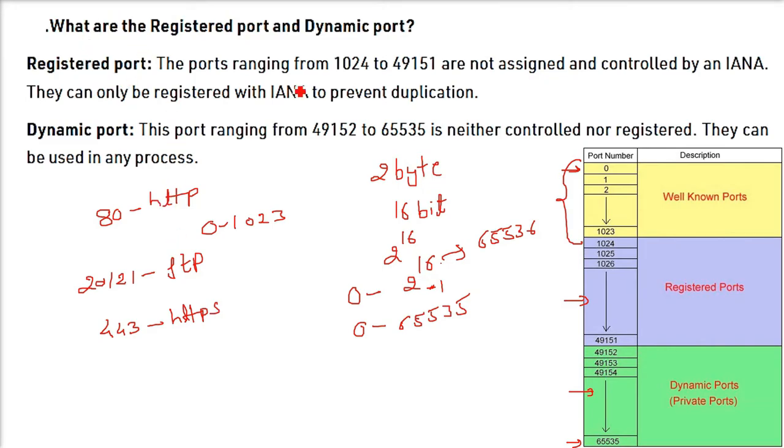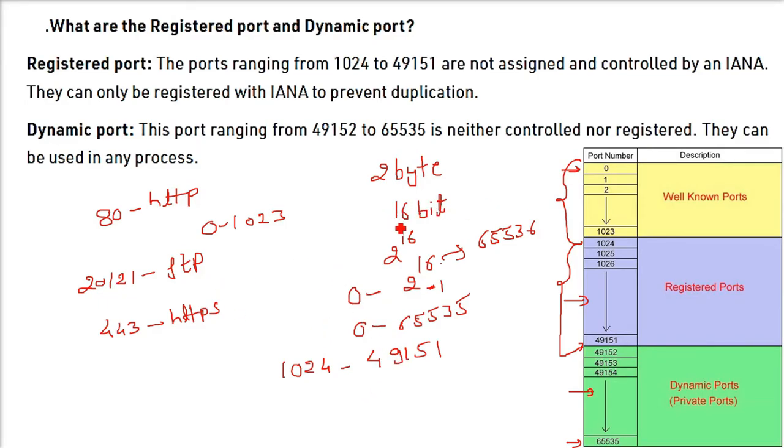Now from 1024 till 49151, the ports in this range are not assigned freely and they are controlled by an authority. Previously it was called IANA, I will tell you the new name.